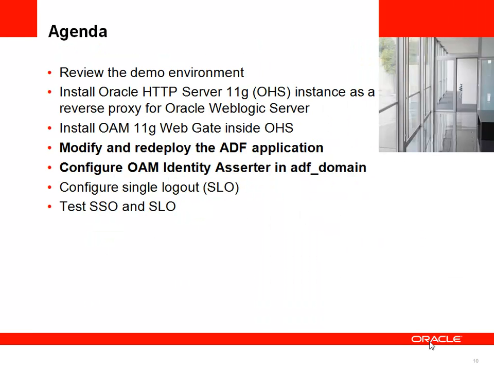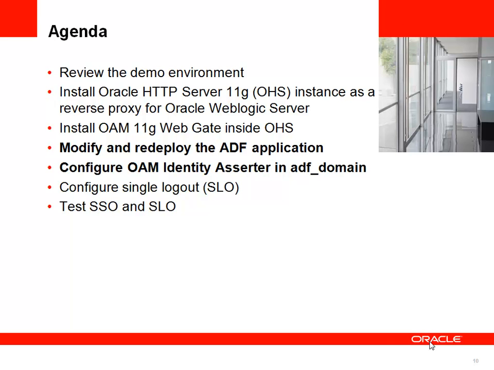First of all, we should modify our application a bit to set up so-called perimeter authentication. So our application will start trusting some security tokens that have been issued by a third party, like Oracle Access Manager in this example.